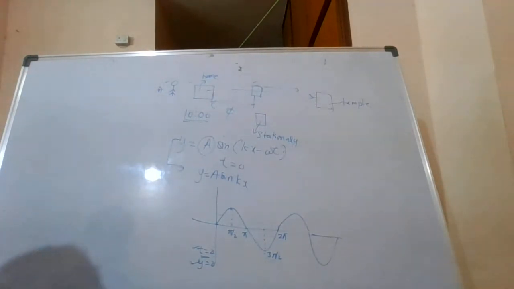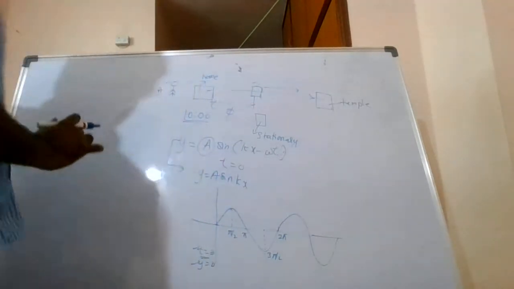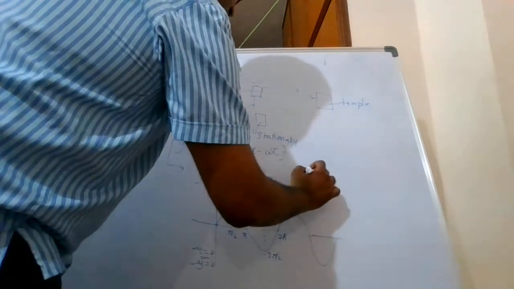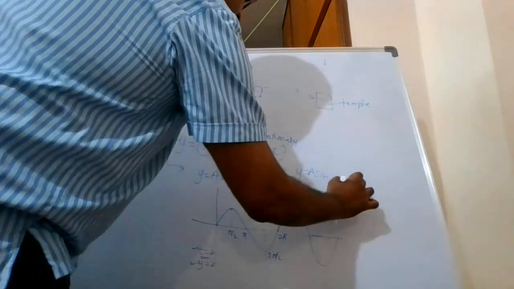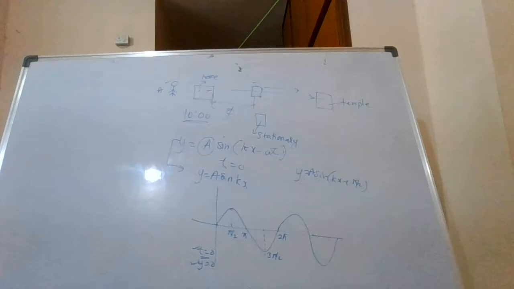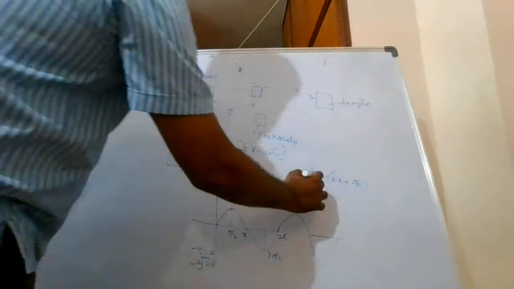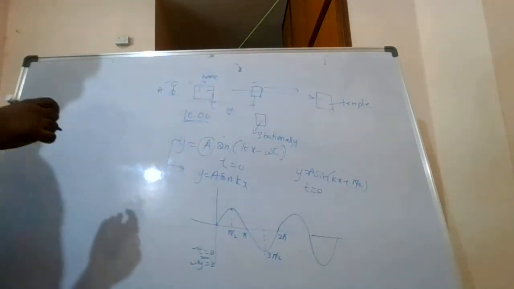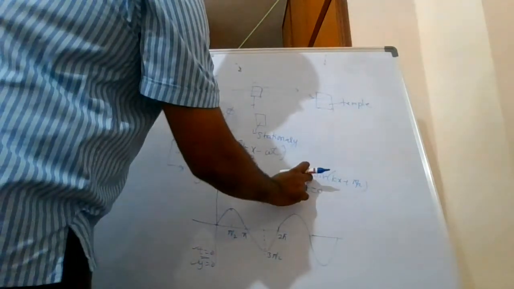Now suppose the same equation was something like this: y is equal to a sine of kx plus pi by 2. Suppose it was like this. So here what is happening? At t is equal to 0, what are you getting? You are getting a sine of kx plus pi by 2.